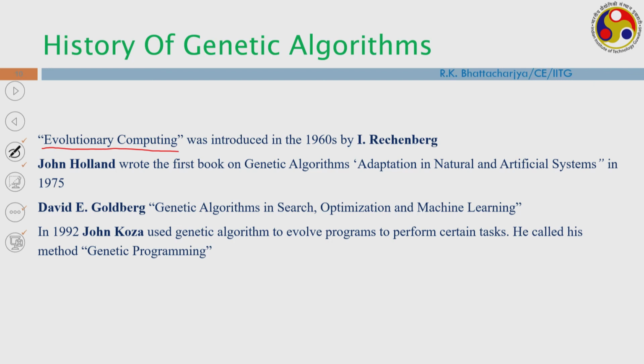People did not accept that as an optimization method. Okay. So, it was just discussed. Some people tried to solve some simple optimization problems using this concept, but at that time it was not very popular.